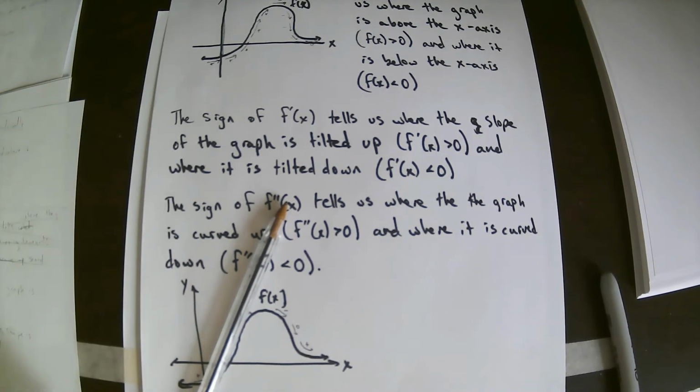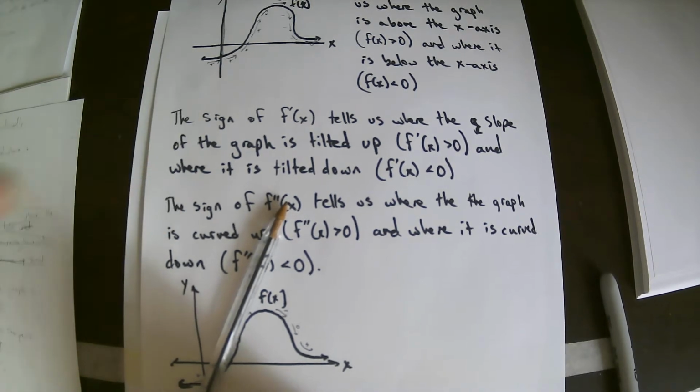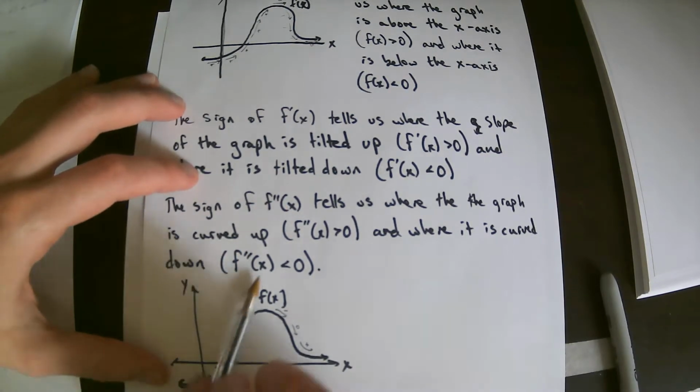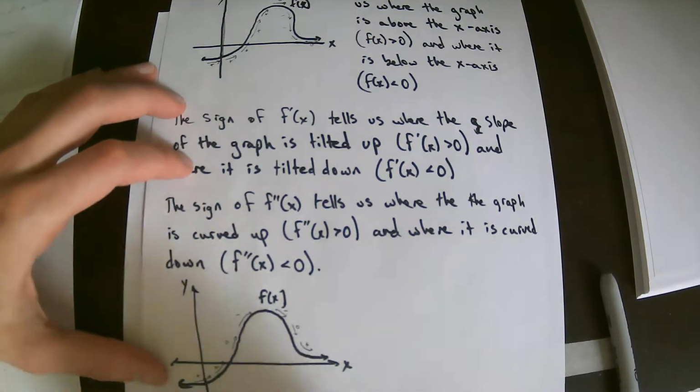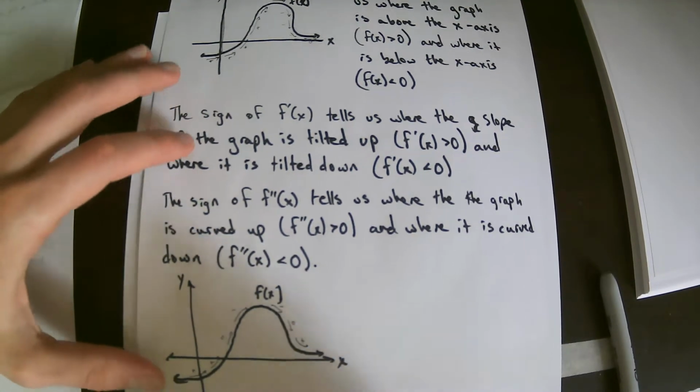Just like in that example with the car, at that one moment of time, right in the middle, it was traveling 15 meters per second, and its acceleration, the second derivative, was 0. At that one moment in time, it was not speeding up, and it was not slowing down. And that's going to happen in between positive and negative second derivatives.